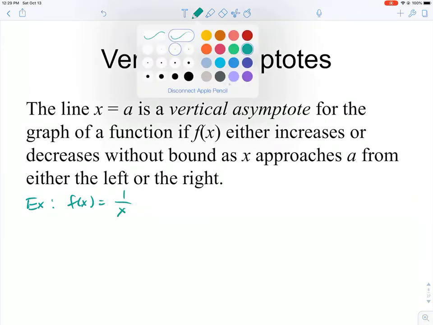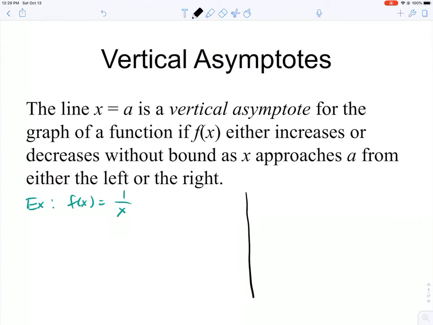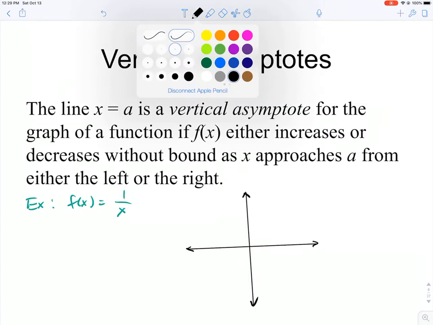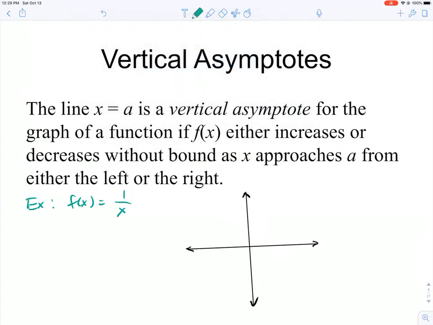You guys are very familiar with that graph, so let's go ahead and sketch that. Right, we have the 2 branches. We have 1 branch in quadrant 1, and the other branch in quadrant 3.